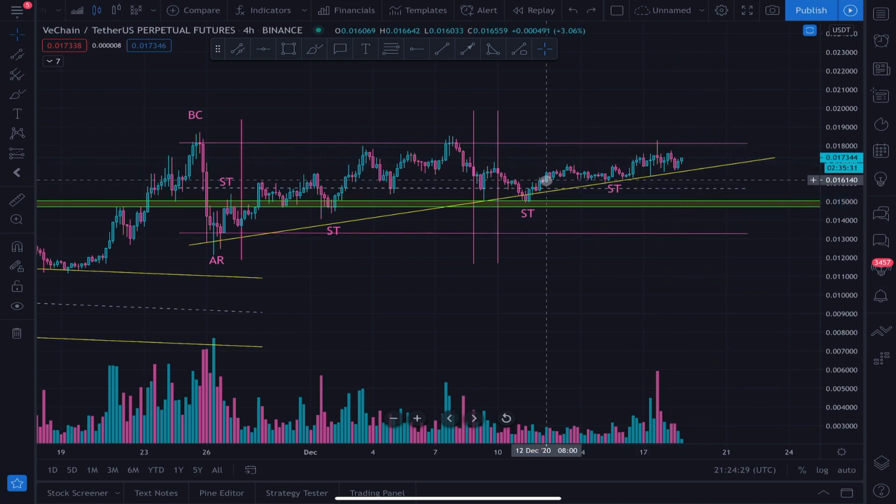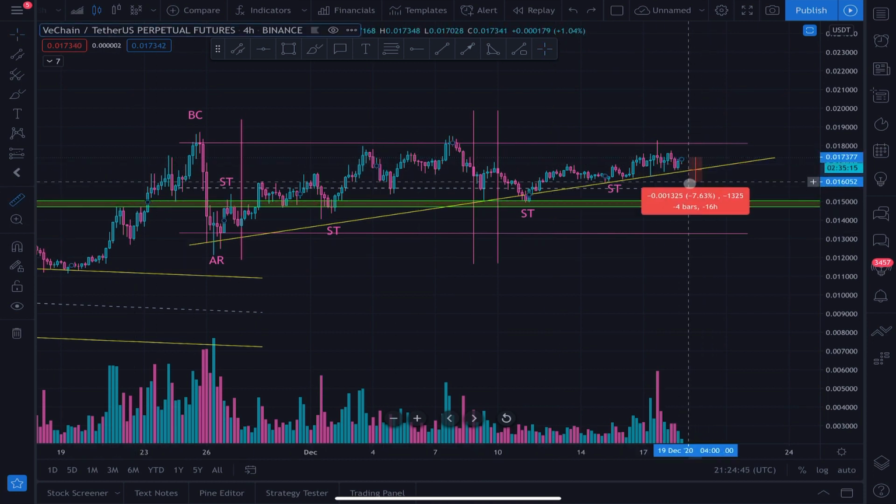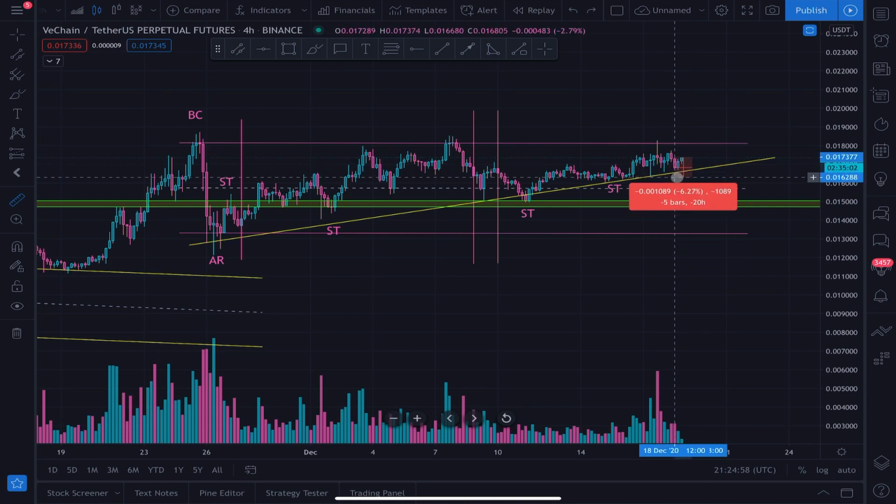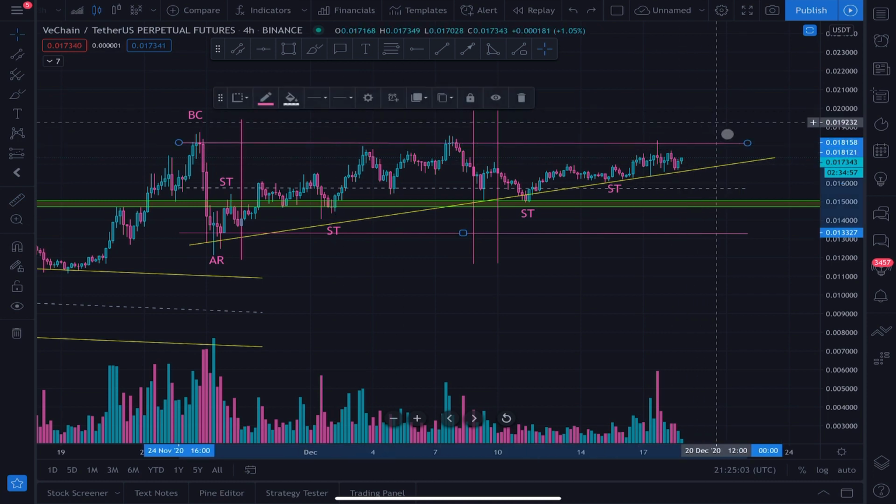Now, you could try to get a little bit better entries. As you can see, we do have higher lows throughout, so in theory, we shouldn't get lower lows. You could go to the local low right here, get a position down there, and now we're looking at around 15%. I would love it to come down to a better support level, but I might just wait for a backup, because on the backup, I've got a lot better opportunities.